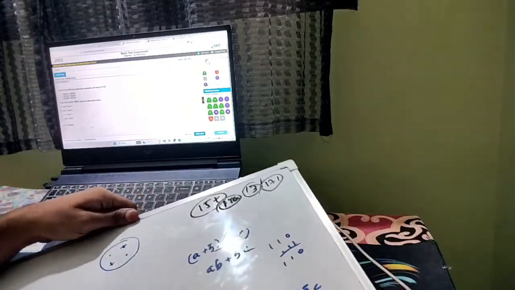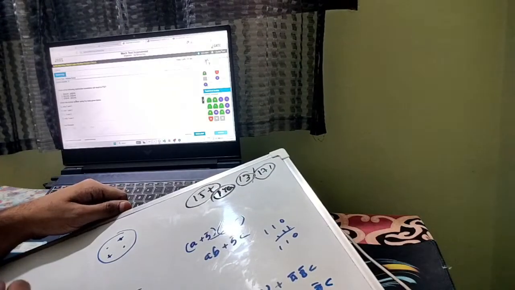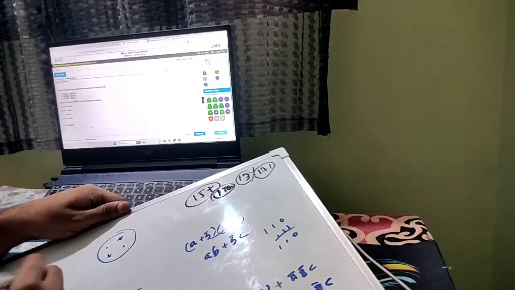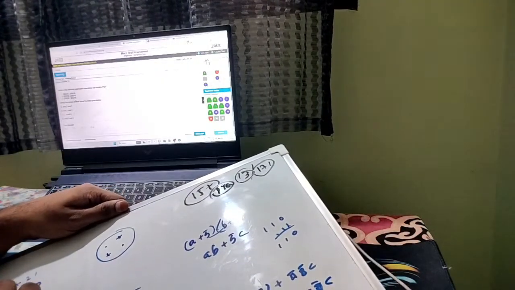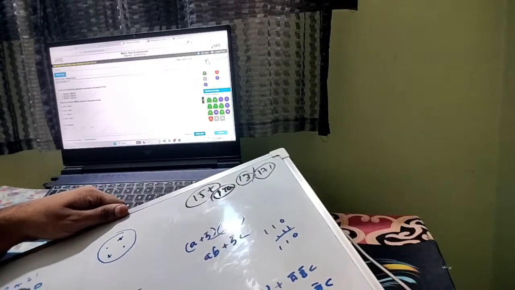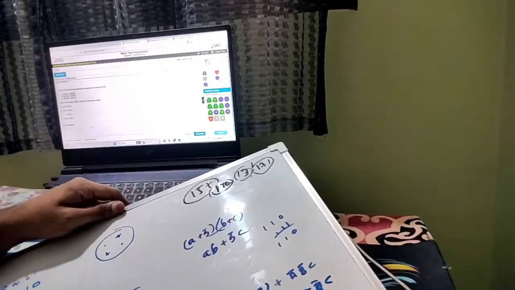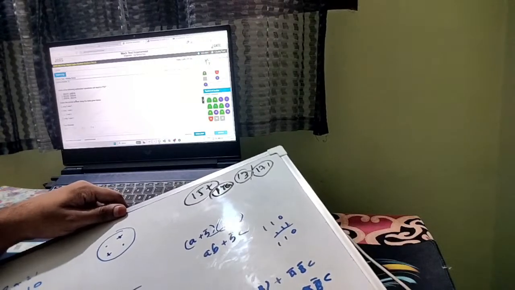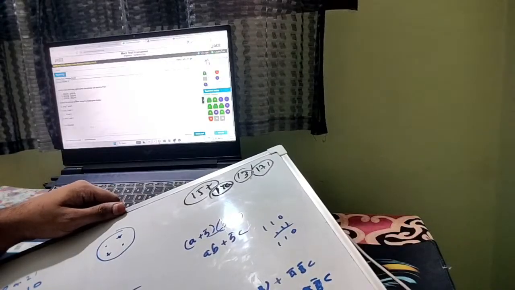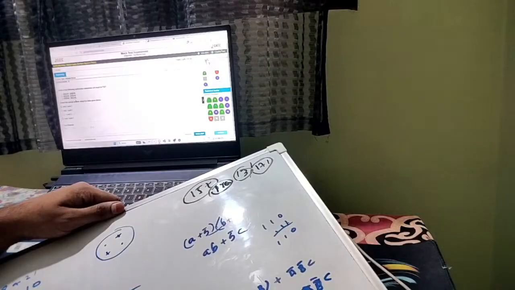What is A? A means 10, which is 1010. B is 11. C means 12. D means 13, E is 14, F means all ones, which is 15.